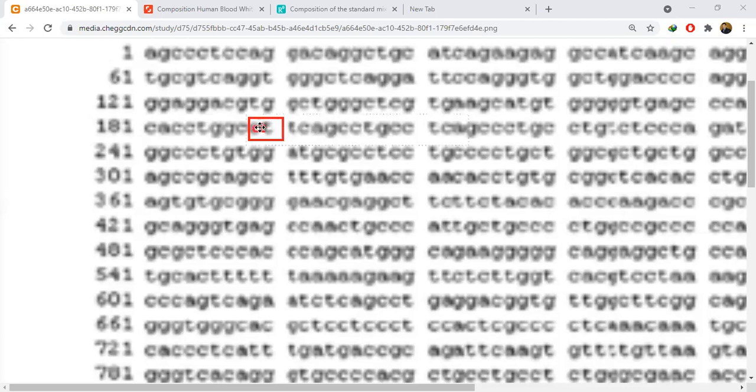If this cytosine thymine accidentally changes to thymine cytosine, it can happen, then insulin's quality will be lost. It is called mutation. Have you heard about mutation?